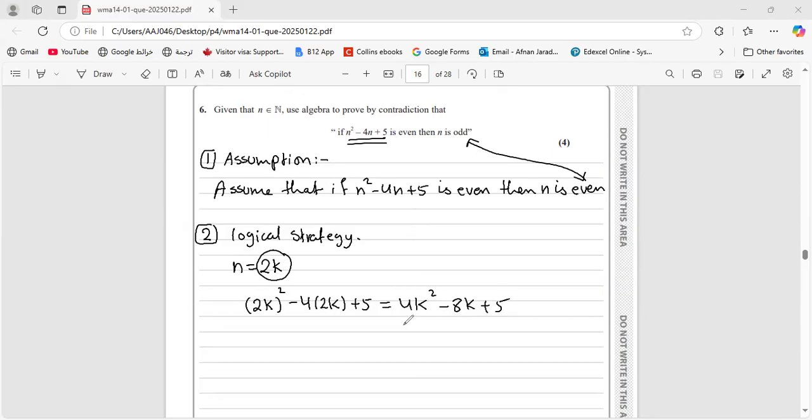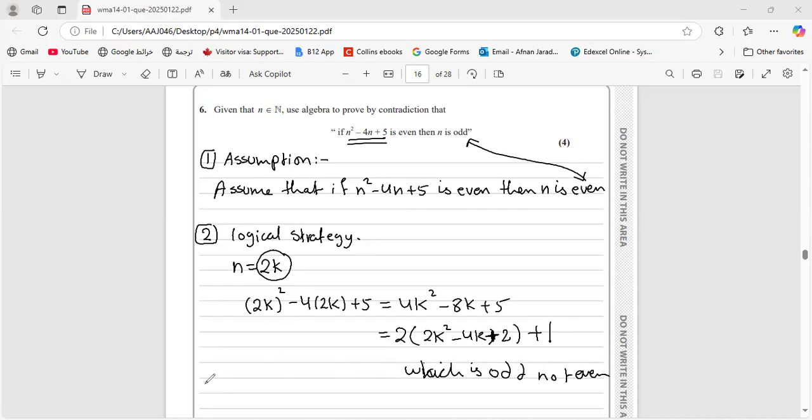This one is not even, okay? By taking 2 outside, factorize it, it will be 2 times k squared minus 4k, right? You can make it here also plus 2 plus 1. And this form, 2 multiplied by an expression plus 1 or minus 1 or plus 3, is odd, not even. Okay?